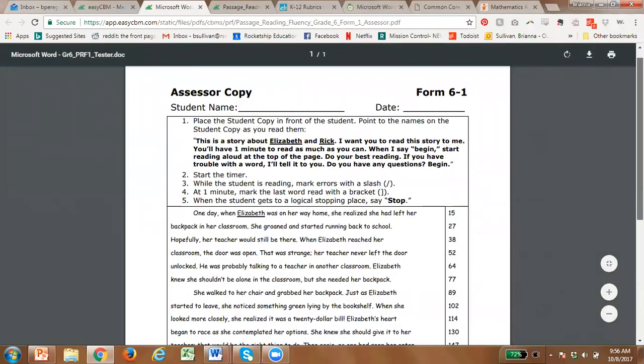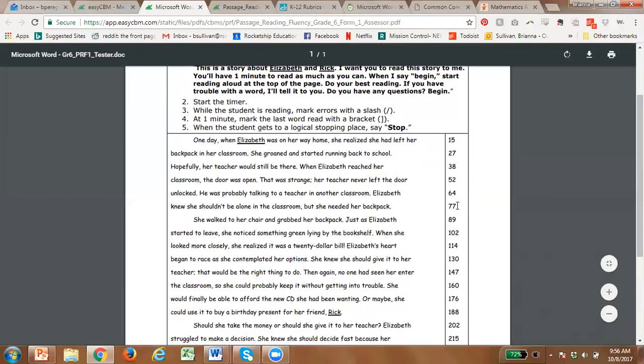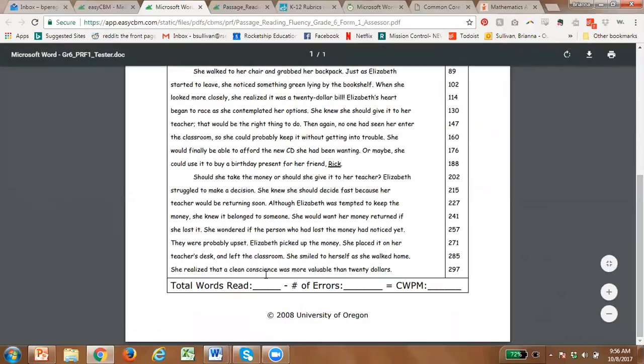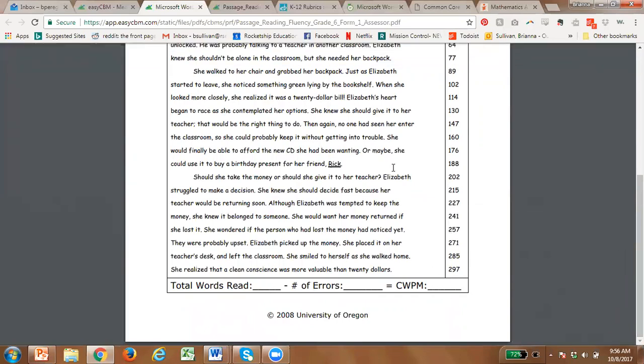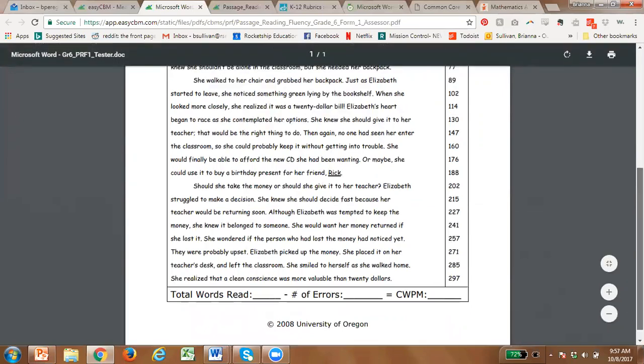The assessor copy, again, similar to AimsWeb, has the directions that you say to the student, has the number of words per line over here, so it's easier for you to calculate up the words they read correctly, and the directions here where you put total number of words that they read minus their errors equals their correct words per minute. So if they got to say here, right after Rick, that's 188 words, and they made 8 errors throughout, they'd have 180 words correct per minute.